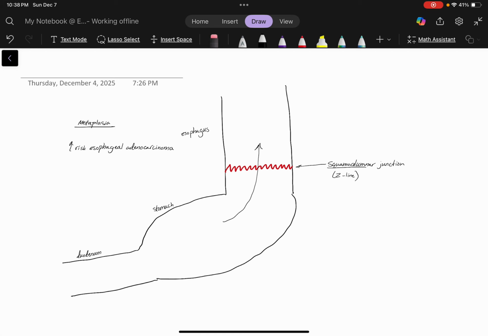If metaplasia is prolonged and if dysplasia is long lasting, then that can eventually turn into carcinoma. And that's essentially why Barrett esophagus can lead to esophageal adenocarcinoma. And the esophageal adenocarcinoma is particularly only in the lower one third of the esophagus, okay?